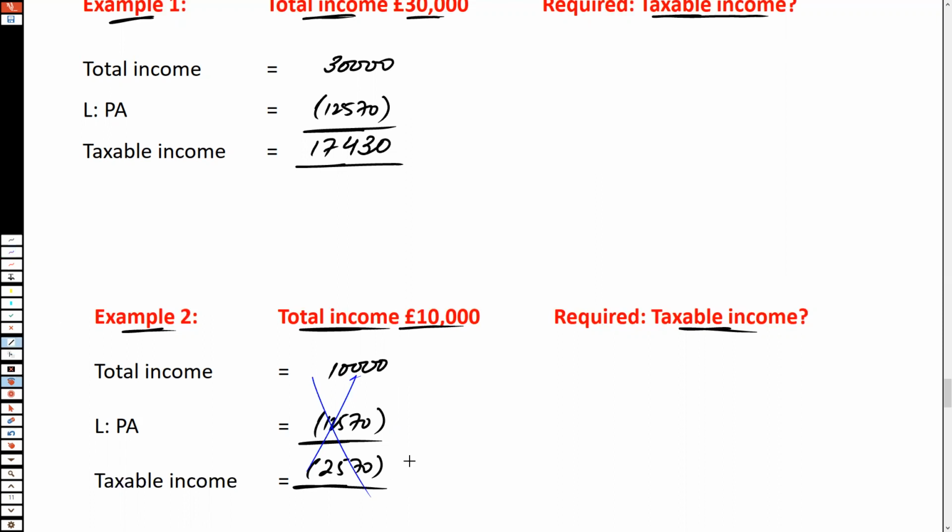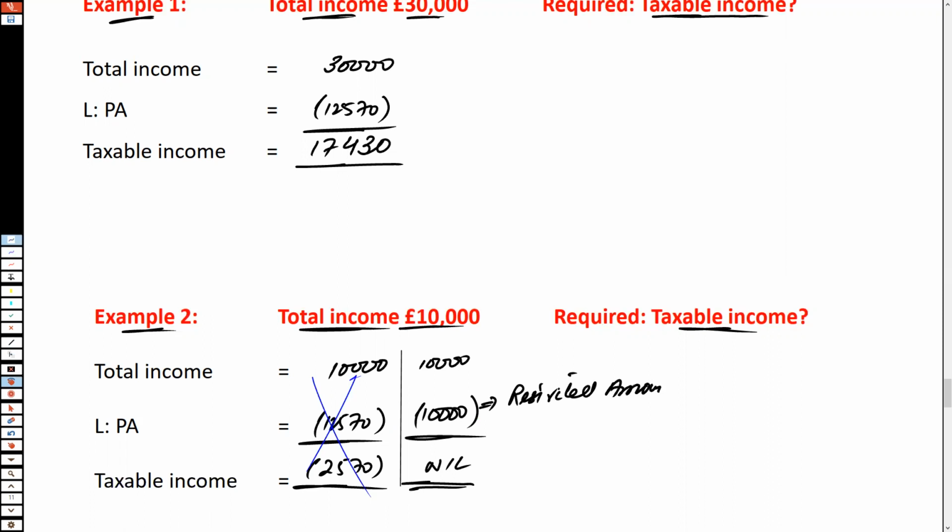In this case, if the total income is less than the amount of personal allowance, we have to restrict the amount of personal allowance. So the taxable income is calculated as nil. And when we are using a reduced amount of personal allowance, we shall be writing restricted amount of personal allowance.